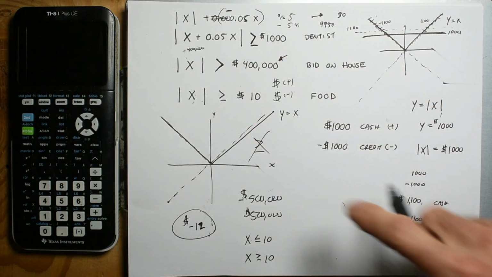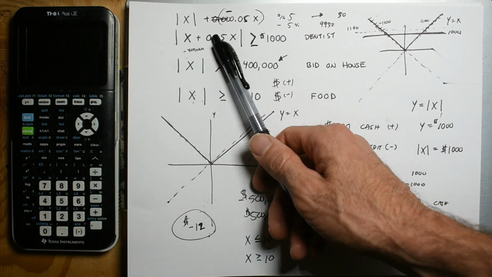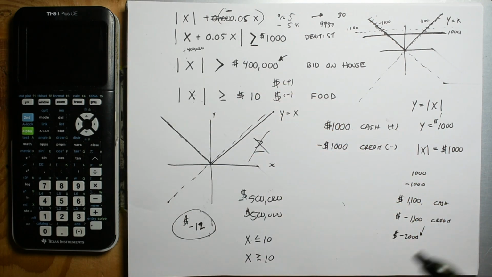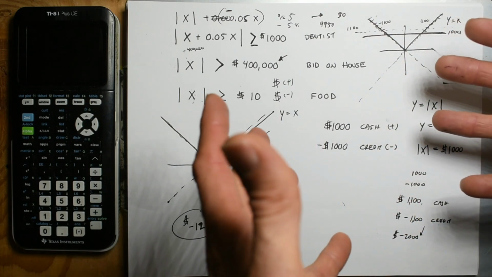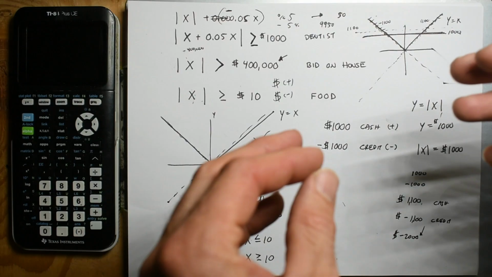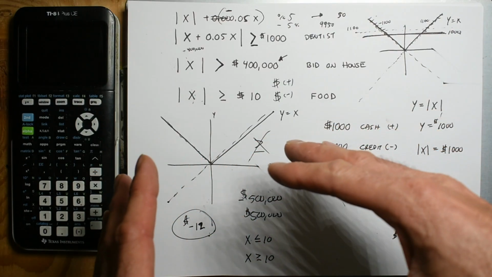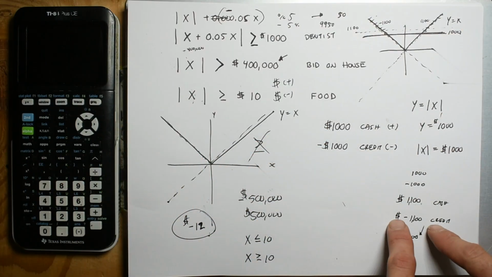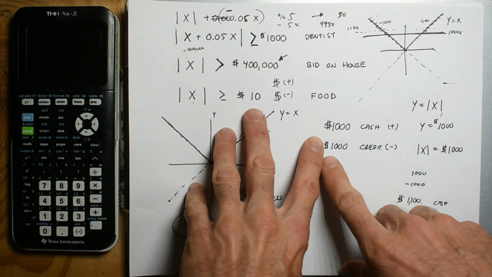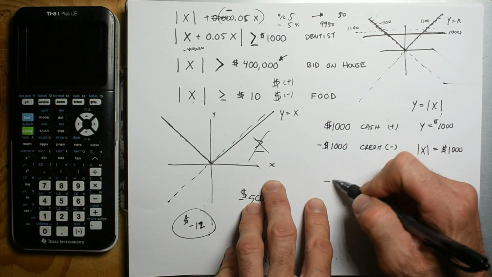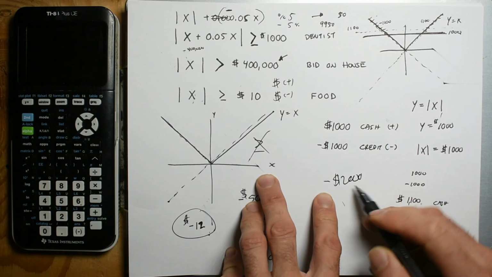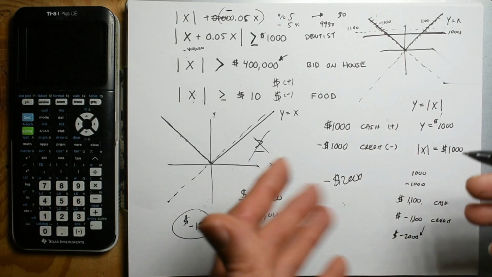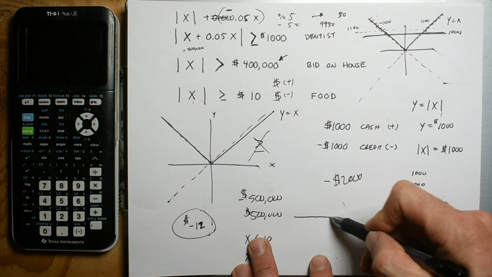And then we talked about how the absolute value can come in on all of these, because you could say the negative money is credit, the positive money is cash. And you need more cash, a bigger positive number, but you need a smaller negative number. That means, visually, negative $2,000 is still less than, on this.